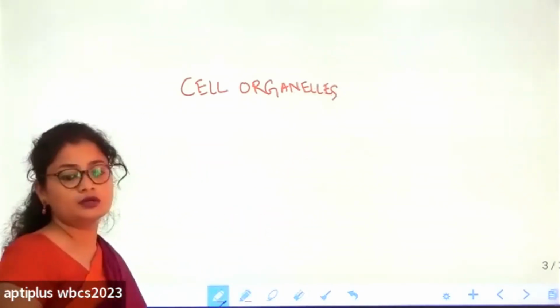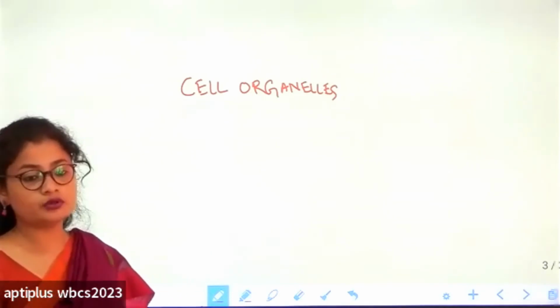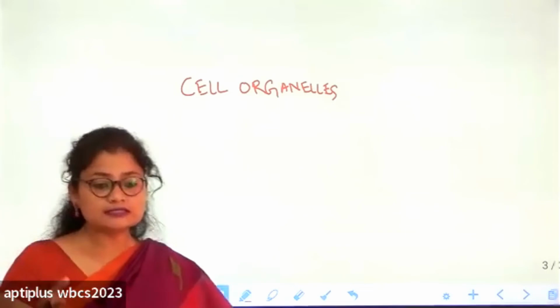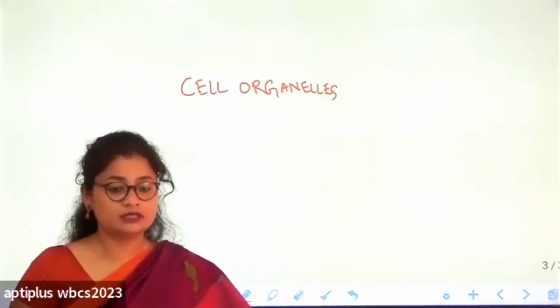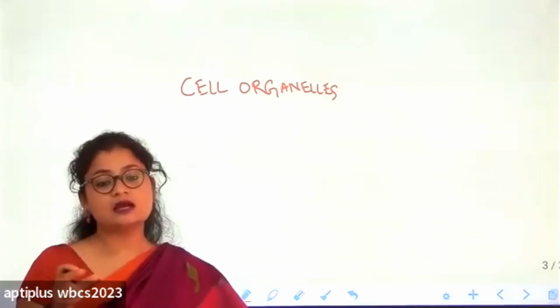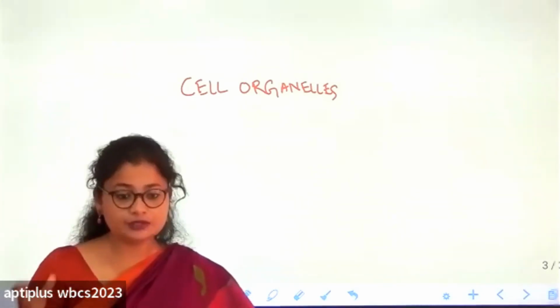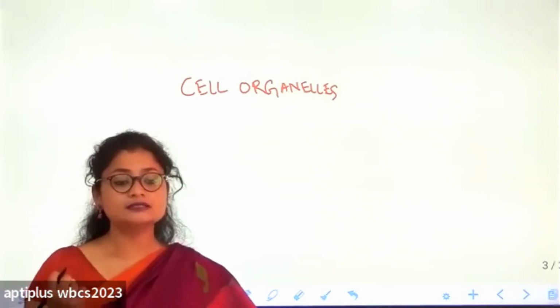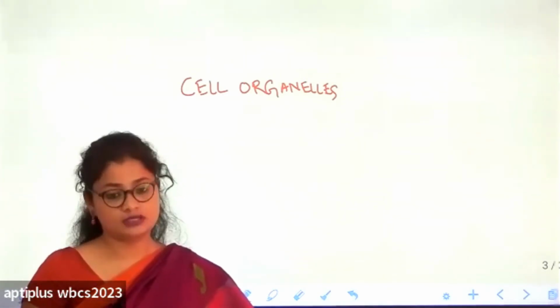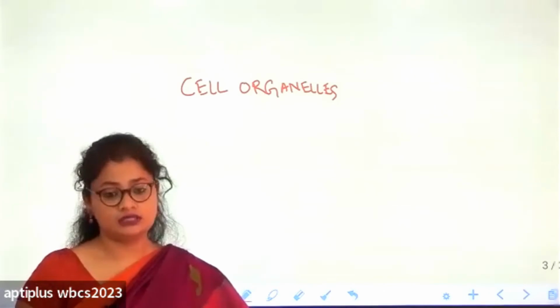Whenever we are talking about cell organelles, the most important thing here is the concept of why they are known as cell organelles. Why the term organelles? Because these are organ-like structures, they have their own structure, but since they are part of a cell, we cannot call them organs. So they are cell organelles.